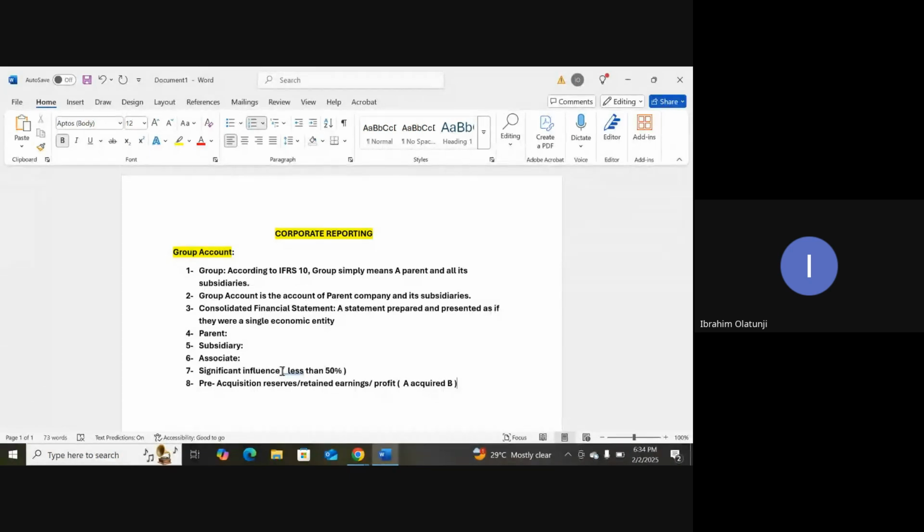That's what I mean by pre-acquisition retained earning. These are the earnings of the subsidiary company before being acquired by the parent. You get it now? The retained earning of the subsidiary before the parent acquires the company. Is it clear?